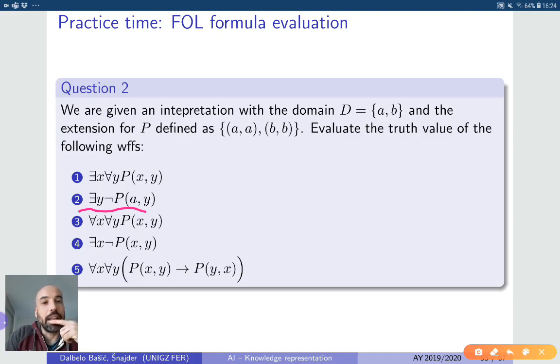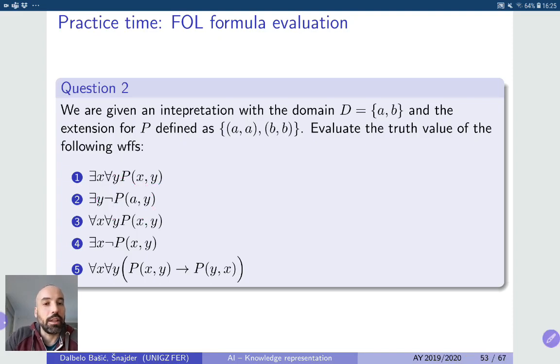But if I take y to be b, then I would have not PAB, and this is true since PAB is not in the extension of the predicate, right? So there is a possibility for me to pick a y such that the subformula is true, and therefore the entire formula is true.